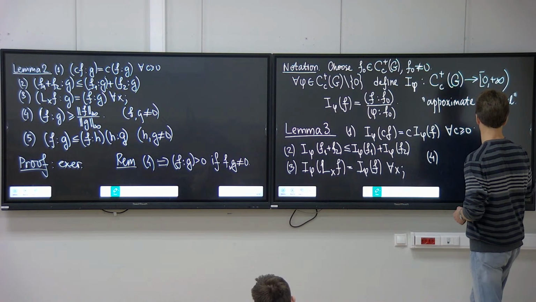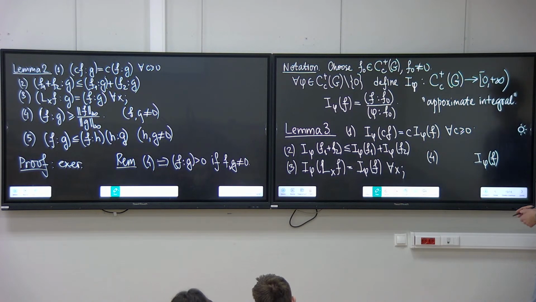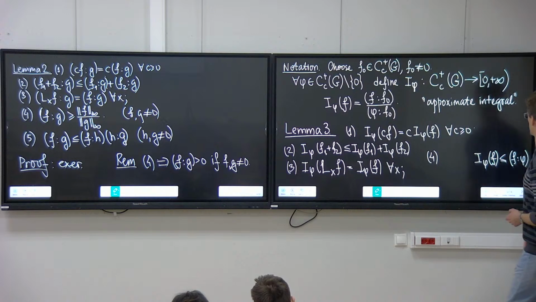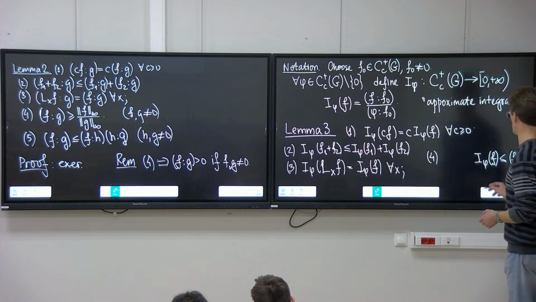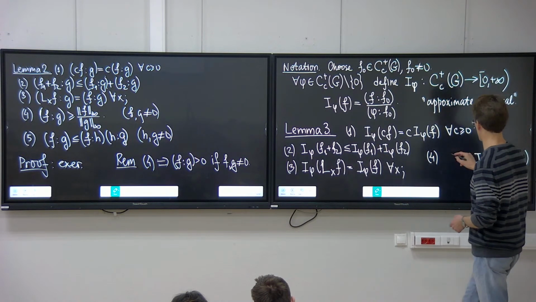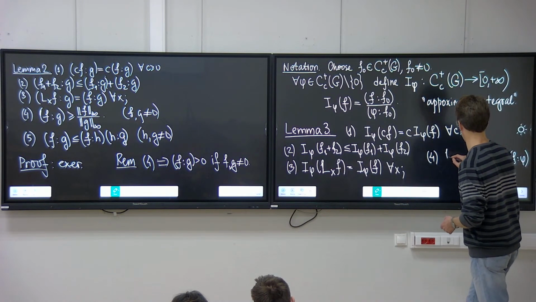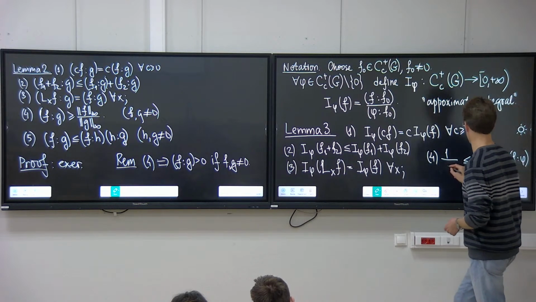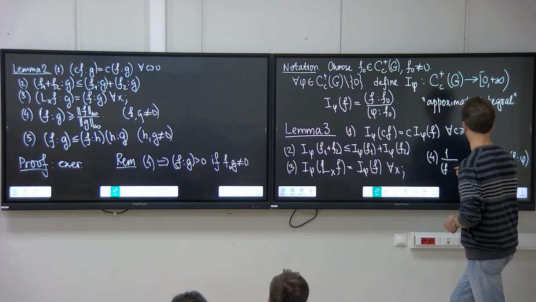This number is less than or equal to the relative integral of f with respect to phi. And on the other hand, it is less than or equal to the relative integral of 1 over the same number, provided that both functions are non-zero.